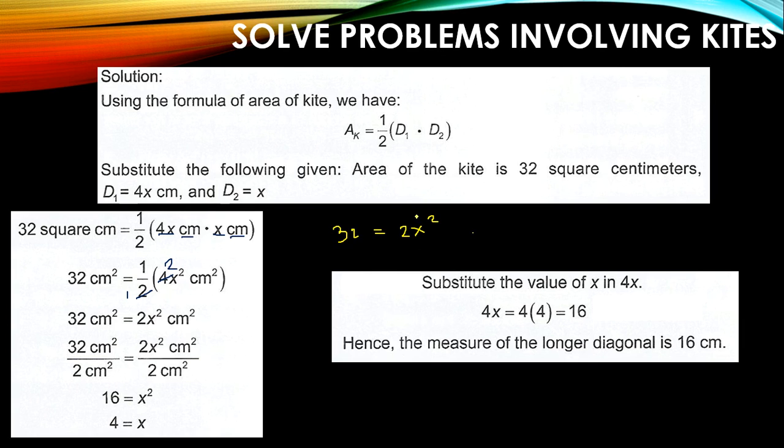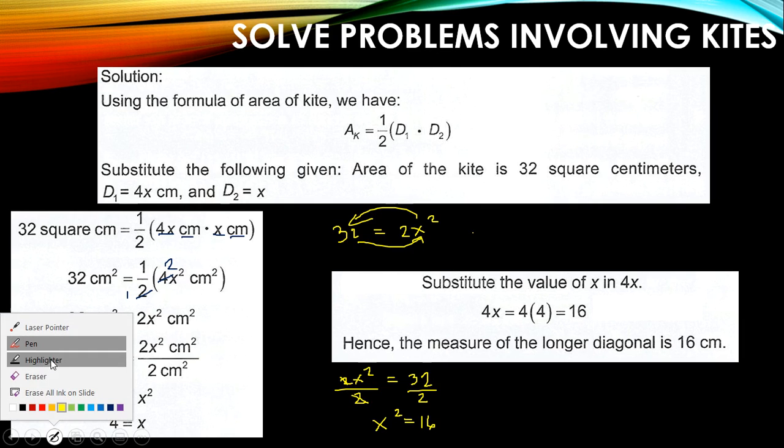Then if you're going to transpose, since they are both being transferred from one place to another, it becomes 2x squared equals 32. Then we need to find x squared. So divide both sides by 2, so that is x squared equals 16. Okay, let's go back to the other example.